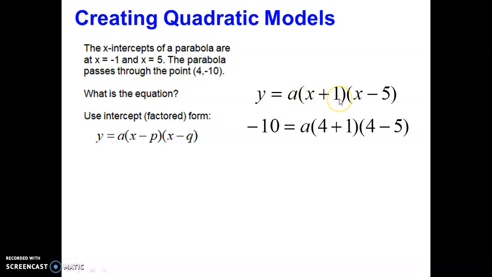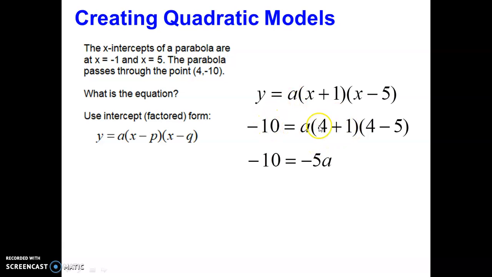So now to do that, we're going to take the point that we know, which is 4, -10, and we're going to substitute it in here as well. So the x value is 4, so both of those x's become 4. And the y value here is -10, so then we have -10 replacing the y. By doing this substitution of x and y, we're left with a as the only unknown, and we can solve this now for a. And then we will know the specific parabola with its a value that passes through this point.